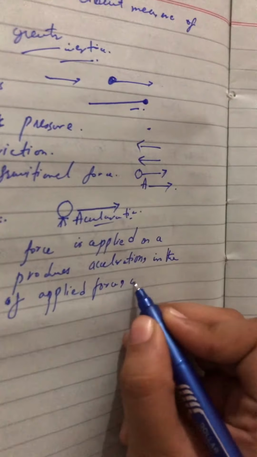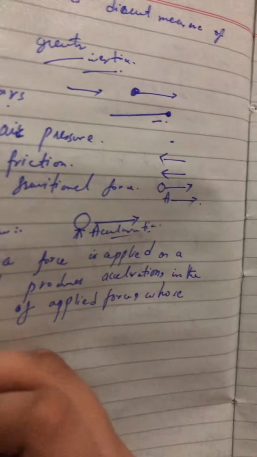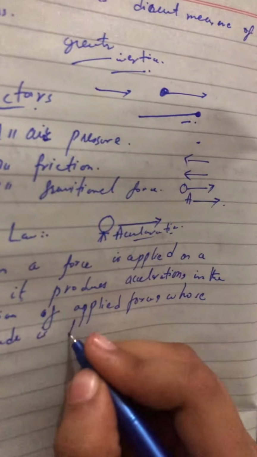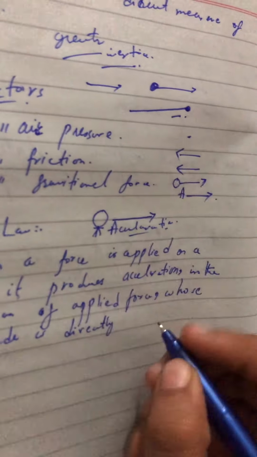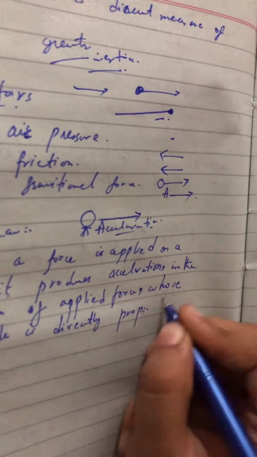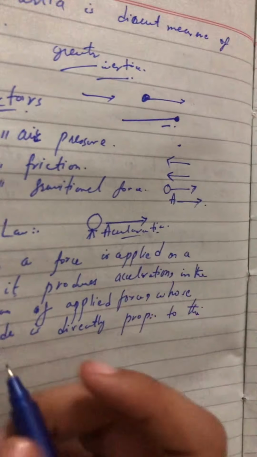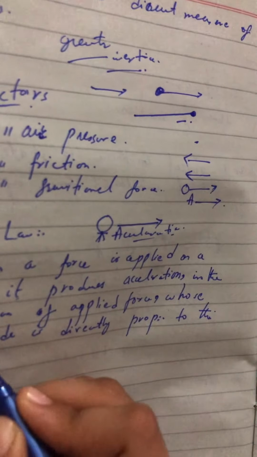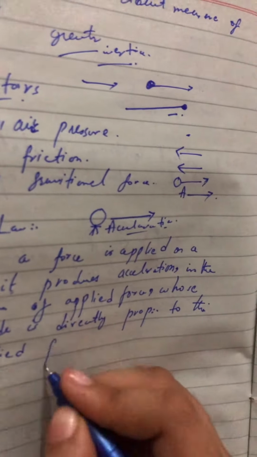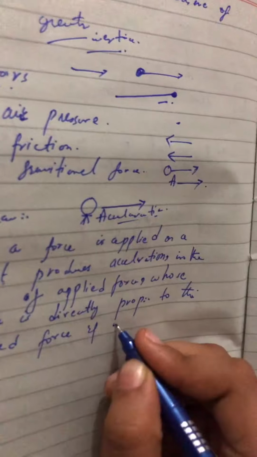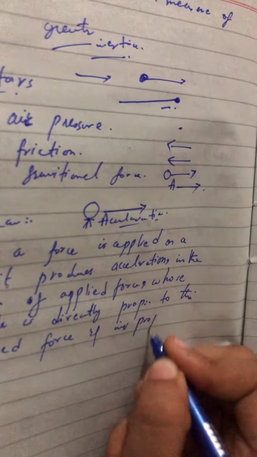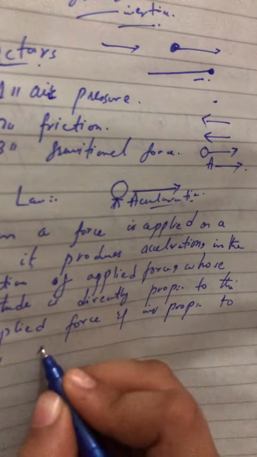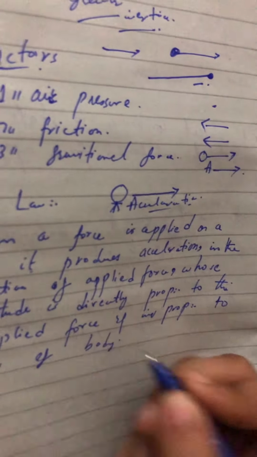So when a force is applied on a body, it produces acceleration in the direction of the applied force, whose magnitude is directly proportional to the applied force and inversely proportional to the mass of the body. How?